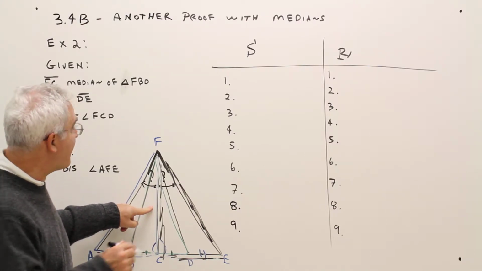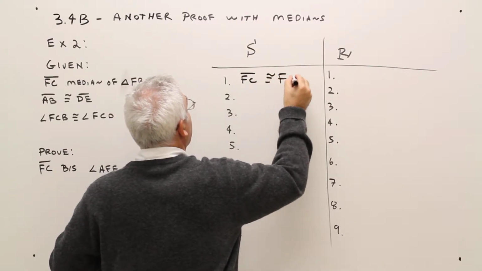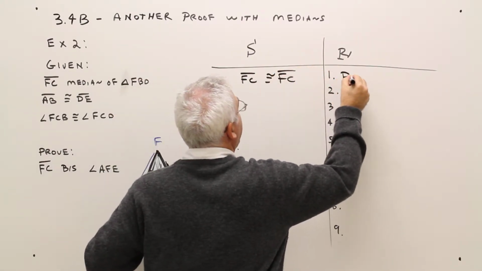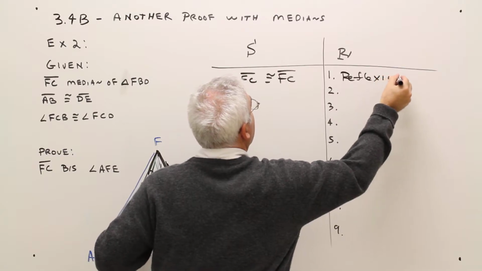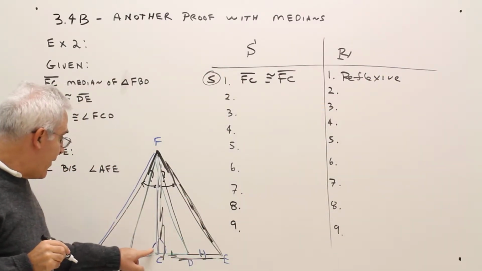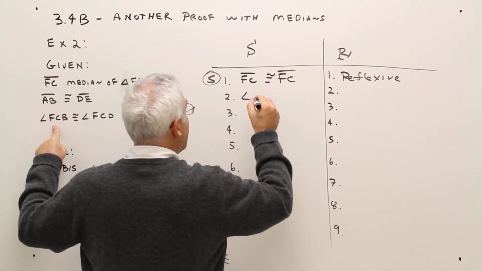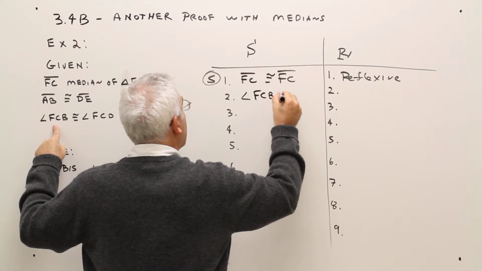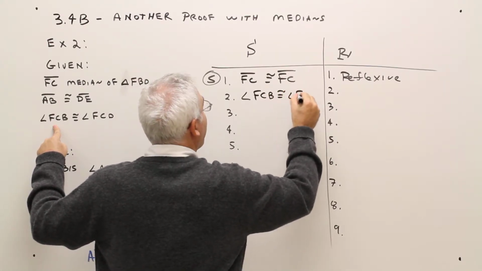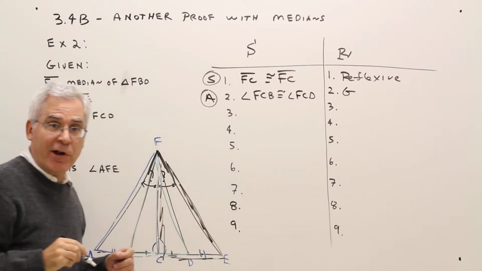So I'll say FC is congruent to FC by reflexive. And I'll get credit for a side there. I'll then go the angle. Angle FCB is congruent to angle FCD. That was given. So I'll get angle credit there.